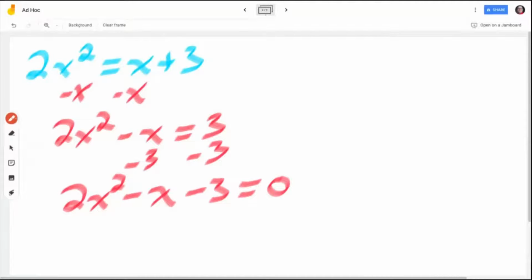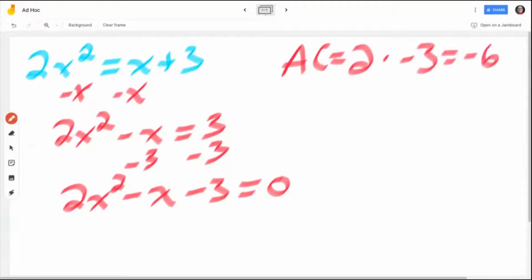So let's see if we can factor this. Well, we know that our a is positive 2, our b is negative 1, and our c is negative 3. Let's try the AC method on this. And so AC is going to equal 2 times a negative 3, which is negative 6. And our b term is equal to negative 1.